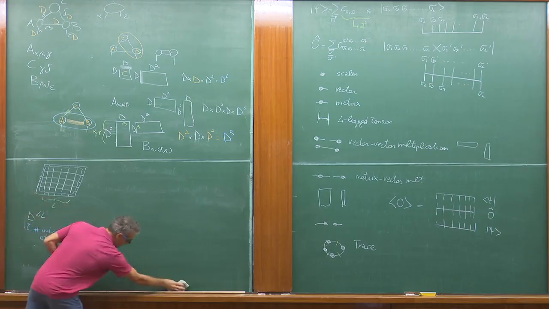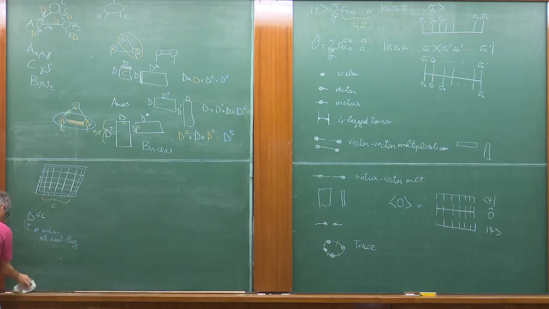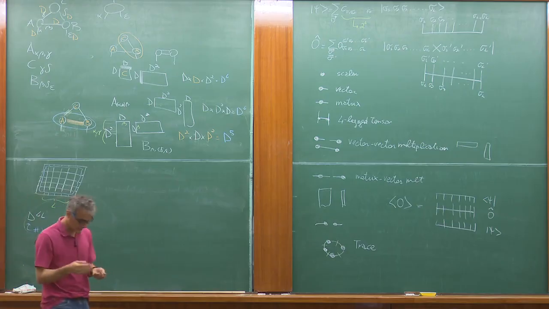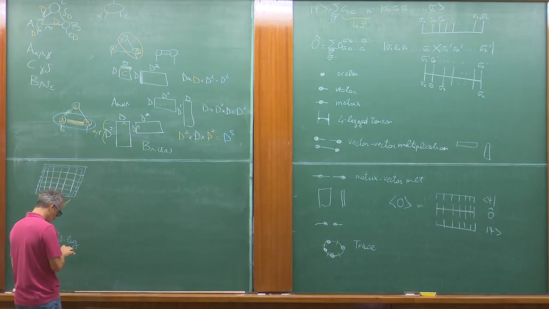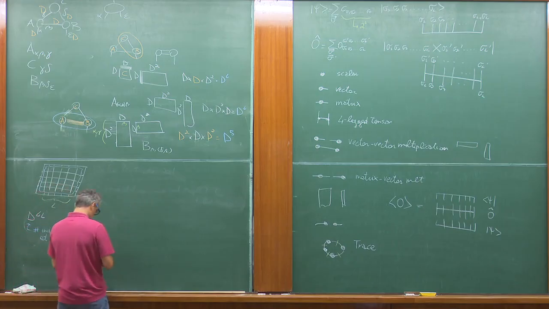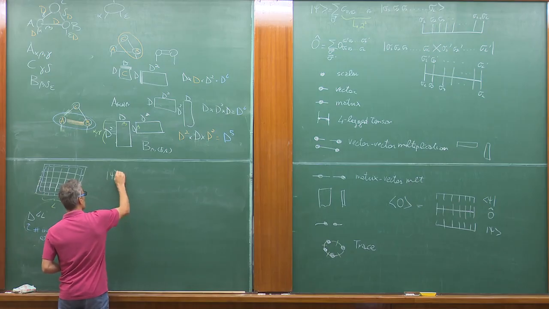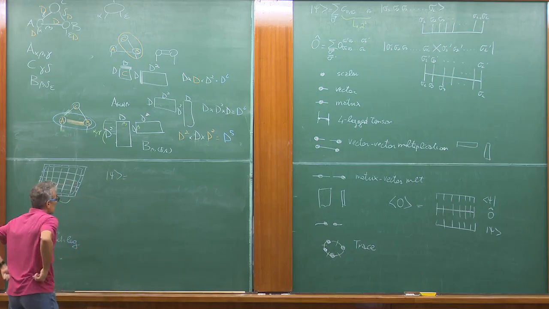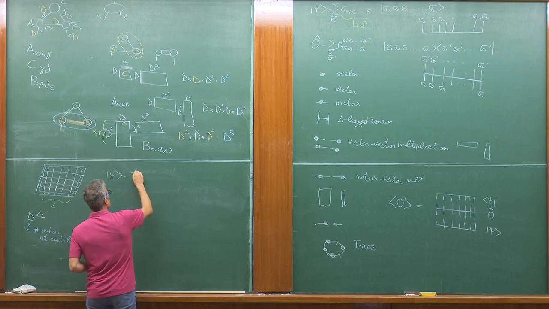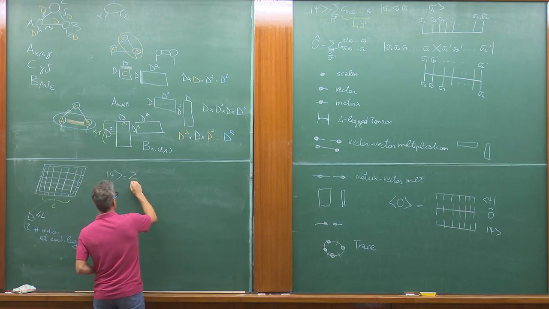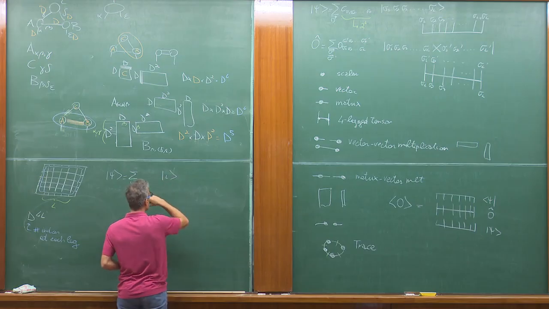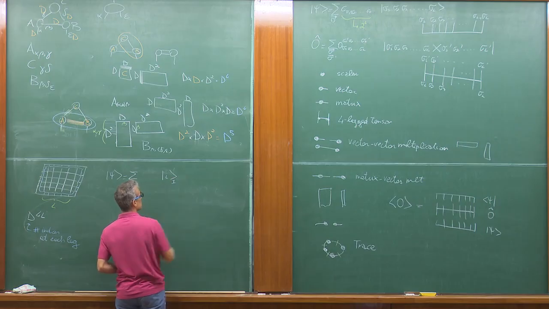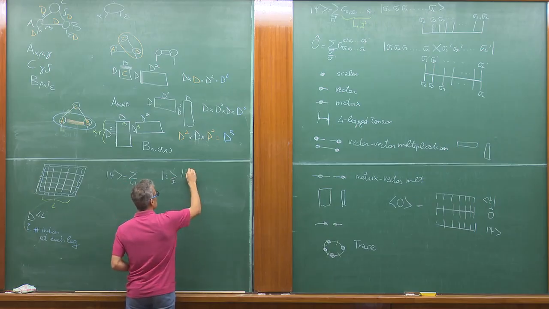So what we want to say now is what kind of states can be represented by this kind of structure. To picture this, we can write the state psi as some sum over i and j, where I is the internal index and j is on the outside.